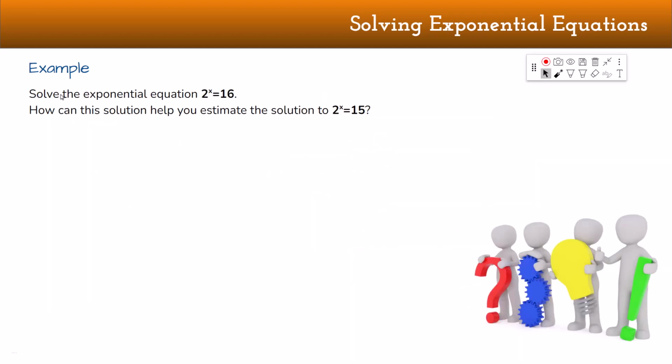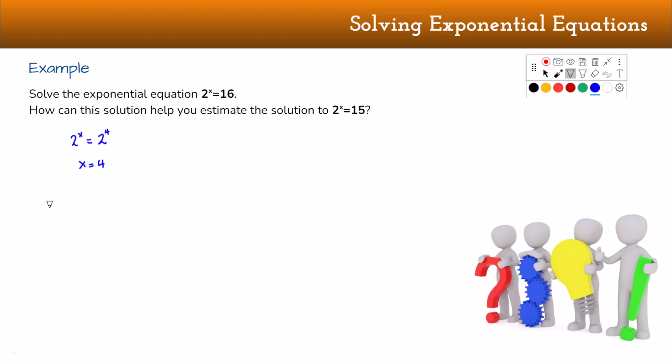So this question says solve the exponential equation 2^x = 16, and we're going to use that to help us estimate the solution of 2^x = 15. So for this one here, we have 2^x = 16. Well, I know 16 can be written as 2 to the 4th. That means x must equal 4, and we're done.